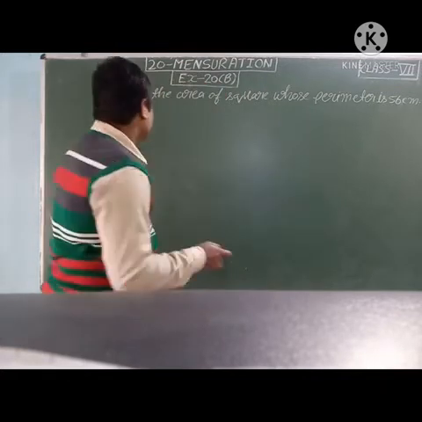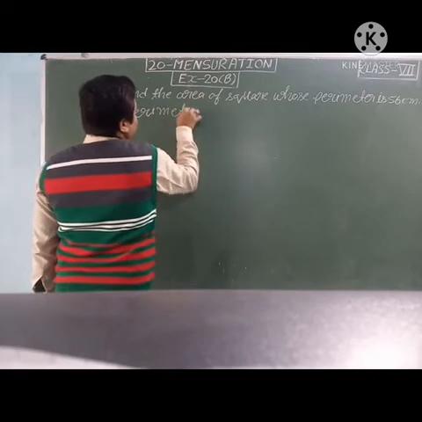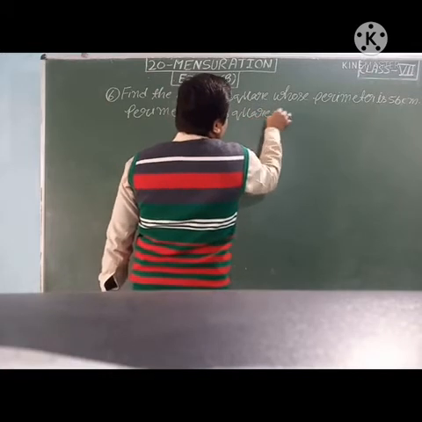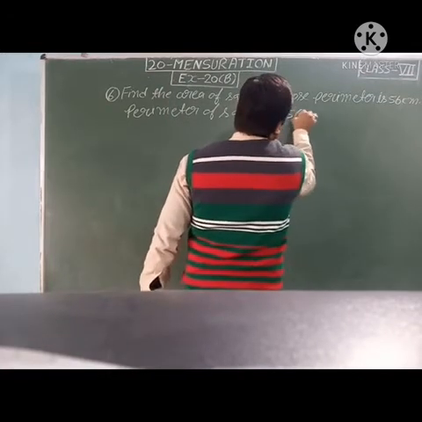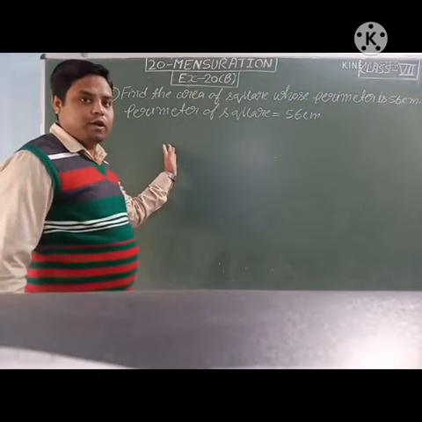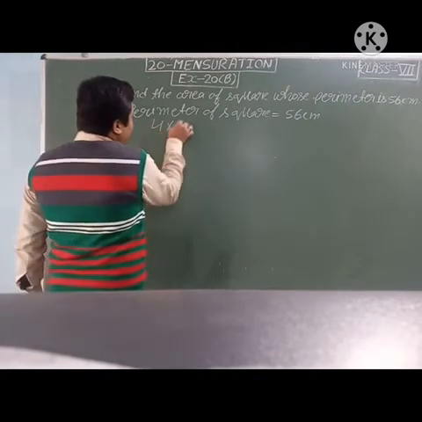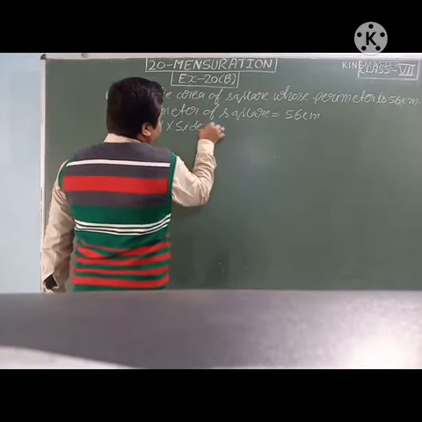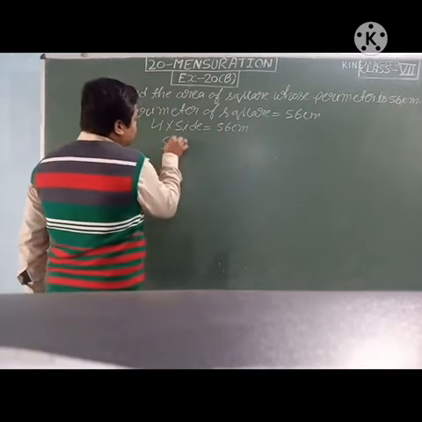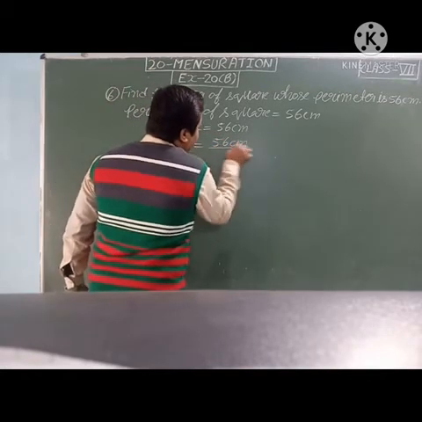So with the help of perimeter of square, we will find the side first, then we can find the area. So see, perimeter of square is equal to 56 centimeter. Here we will write the formula of perimeter of square. Formula is 4 into side. 4 multiply side is equal to 56 centimeter. Side is equal to 56 centimeter divided by 4.